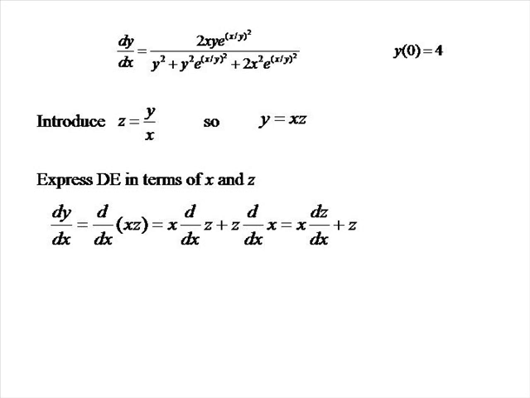plus z. So let's substitute this into our differential equation, noting as well that on the right hand side the (x divided by y) all squared term is nothing more than z raised to the power of minus 2.